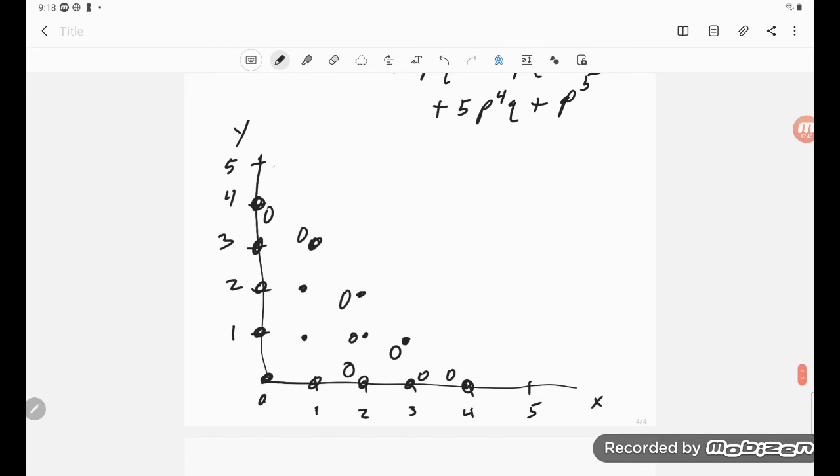But when I get to these spots, there's a spot, there's a spot, there's a spot, there, there, there, there, there. Okay. Slowly but surely, we fill these in.